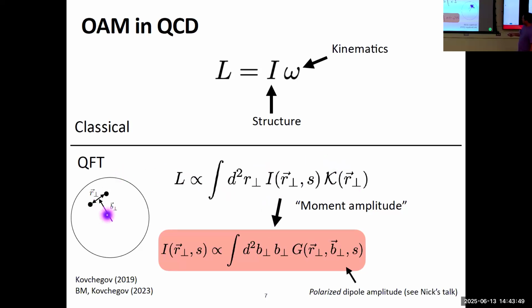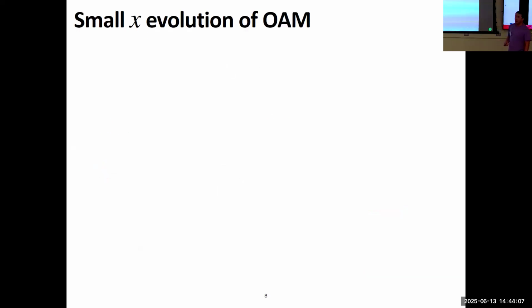And just to remind you, we have an impact parameter b inside the proton, and then there's the dipole size r. So this is a new object. It's the moment of these dipole amplitudes, and so it's a different object from just an impact parameter integrated dipole and deserves its own study.